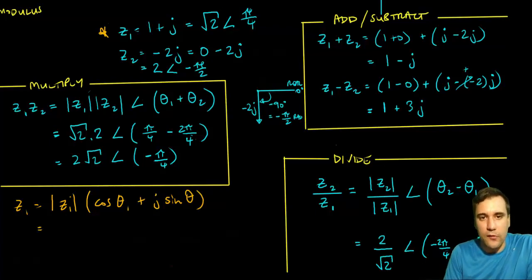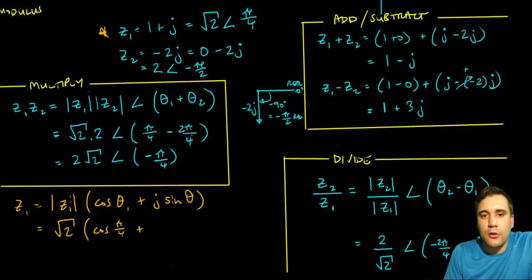And in our specific case for Z1, it's going to be, what did we find out? It was root 2 was the magnitude, and then cosine of pi on 4 plus j sine pi on 4.